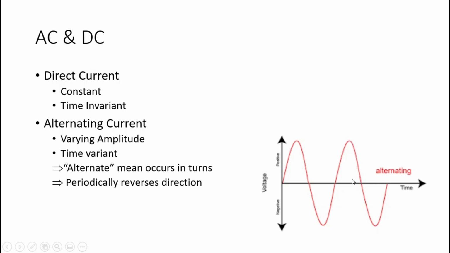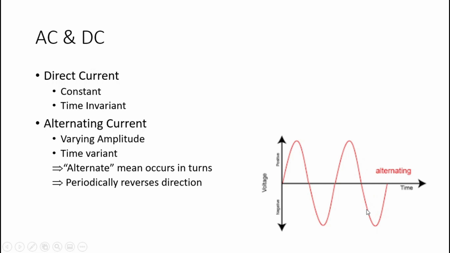So from the start, alternate means occurring in turns. For example, this is the turn of the first half wave, this is the turn of the second half wave. The first half wave occurs in some time period, and for another time period the second half wave occurs, but then it starts to repeat itself. The first half wave comes and it repeats, the second half wave comes, it repeats.